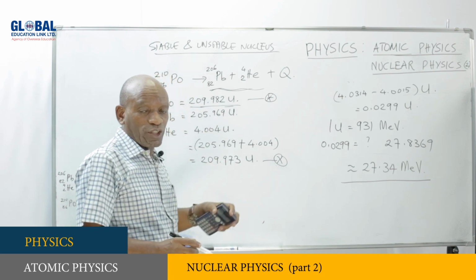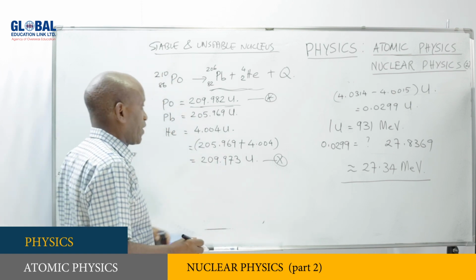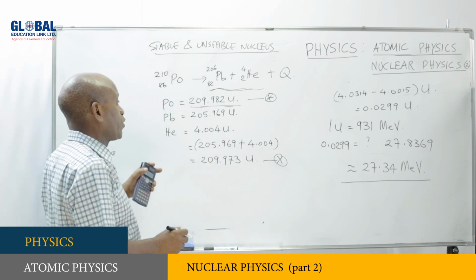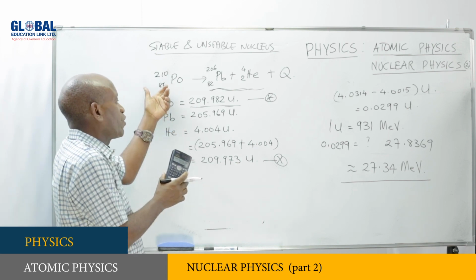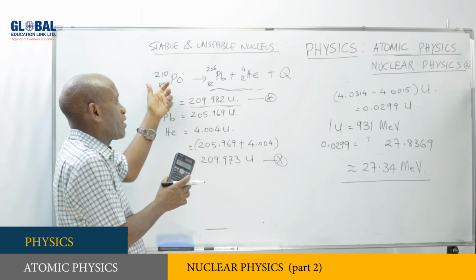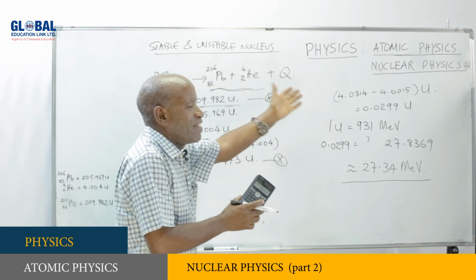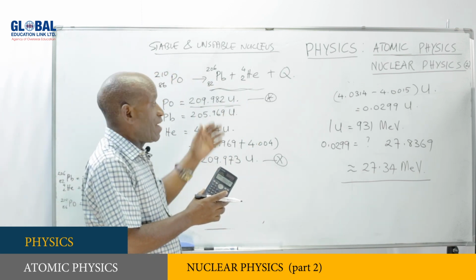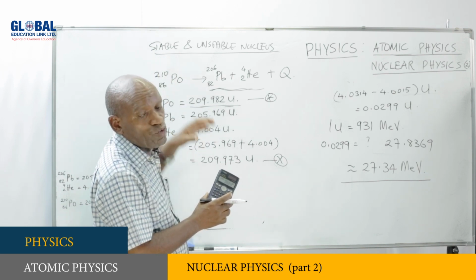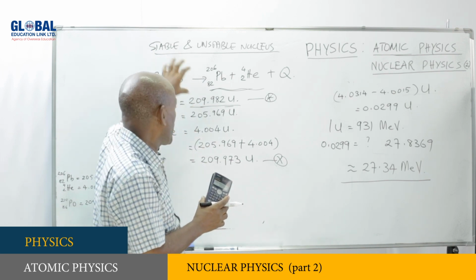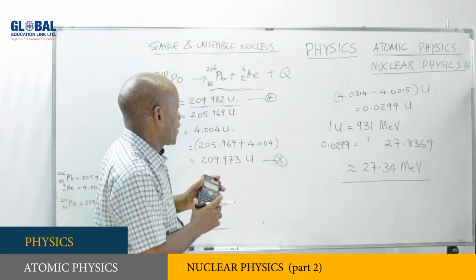Now, I can take you to another expression whereby the mother nucleus has a unified atomic mass unit less than its products. And if that happens, it makes the mother nucleus stable.